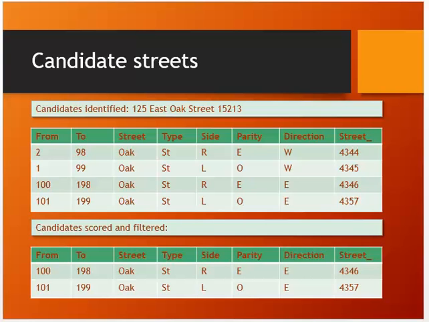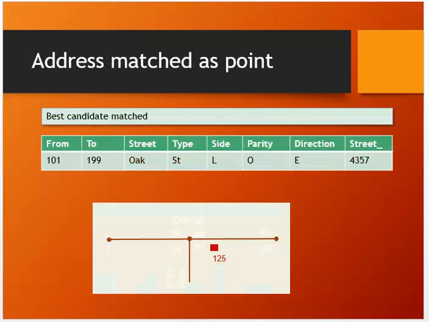So it finds the candidate that's identified in there, and then it determines which, it's an odd numbered address, so it's going to be in the odd numbered range on the left side of the street, approximately 25% along that street segment.